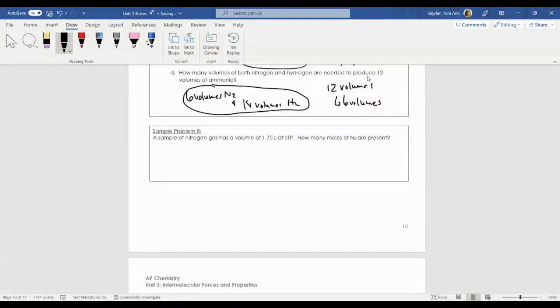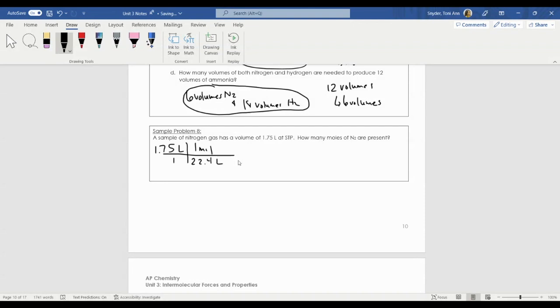The next question says a sample of nitrogen gas has a volume of 1.75 liters at STP. How many moles of nitrogen are present? So I'm going to start off with 1.75 liters, and this is at STP. We know that our standard molar volume of a gas says that there are 22.4 liters of a gas that's equivalent to 1 mole of that gas.